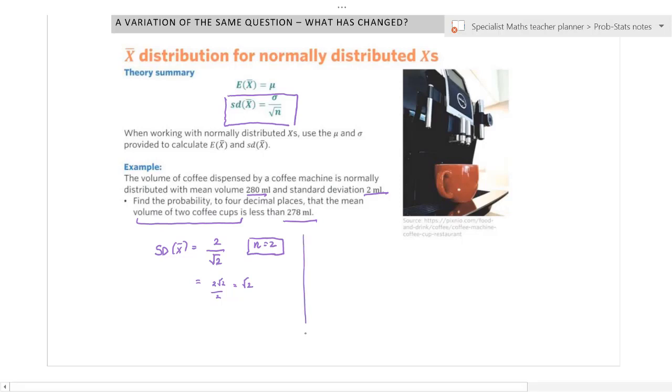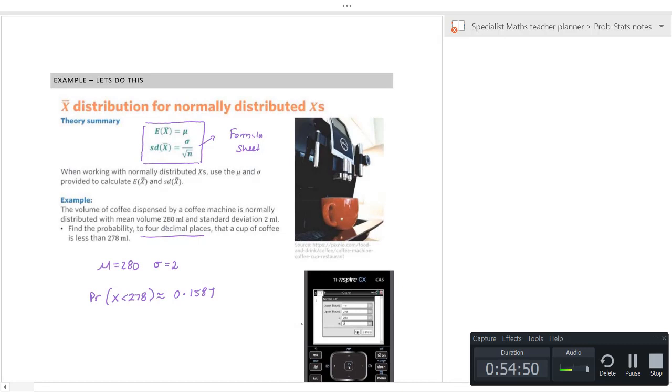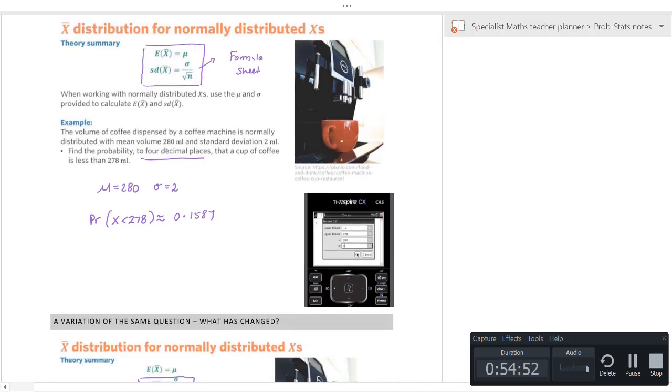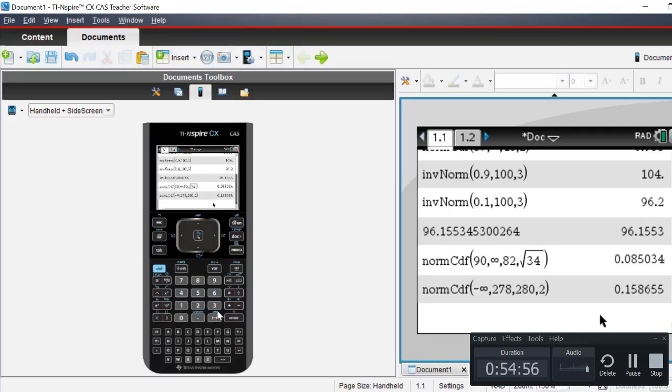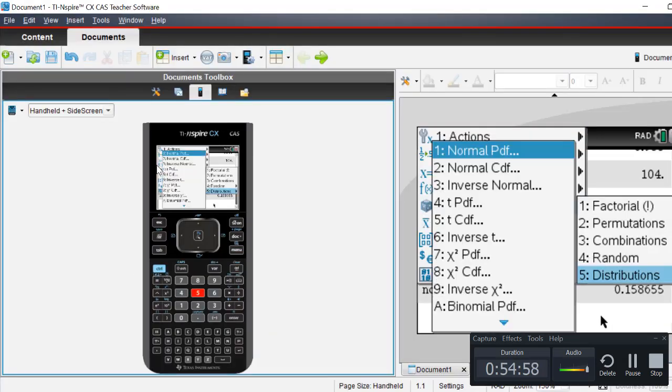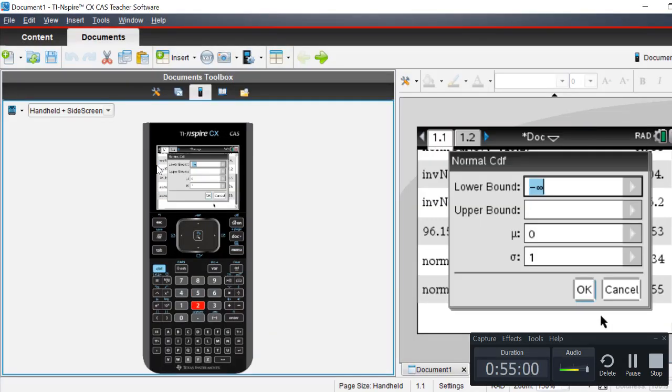So now we're going to go back to our menu 5 5 2. Now be very careful. This time we're looking at exactly the same thing: the mean is less than 278.